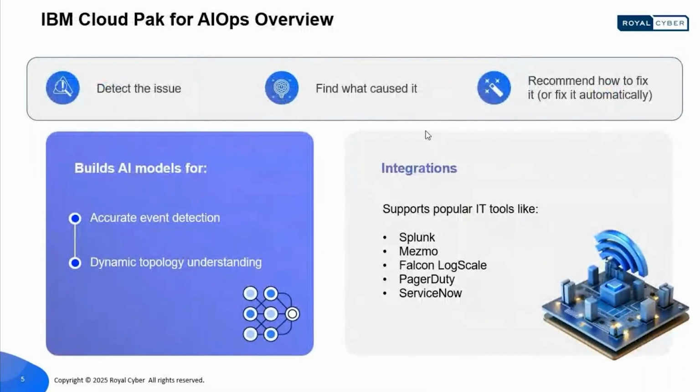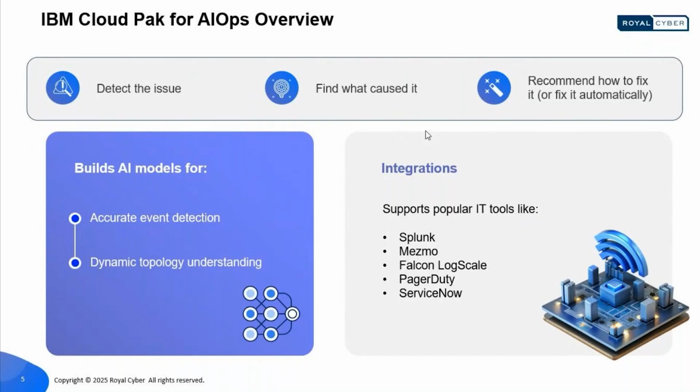It will detect the issue, find what caused the issue, and recommend a fix. If you have written the runbooks for it, those runbooks can automatically, behind the scenes, fix this issue. But if there is no runbook currently for that particular issue, then you can train your ML and you can also manually fix that issue.